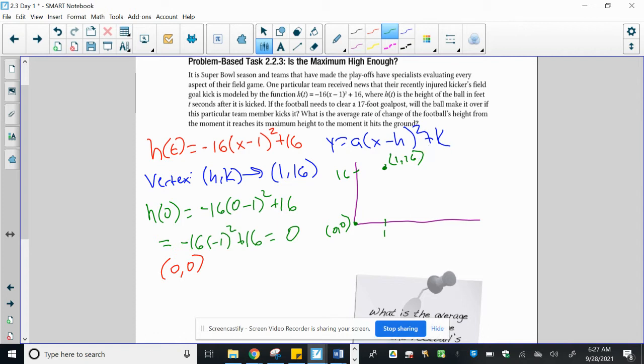And even without touching a graphing calculator here, we could think of this as our axis of symmetry right here, meaning we could mirror over a point, right? We're 1 unit away this way, we go 1 unit this way, we'd get to where it touches the ground again. That would be at 2 comma 0. So without doing anything with a graphing calculator, we were able to get what this parabola would look like.